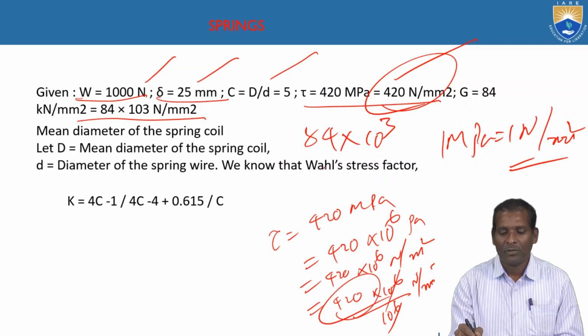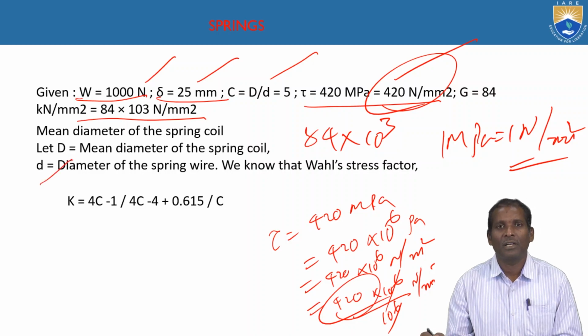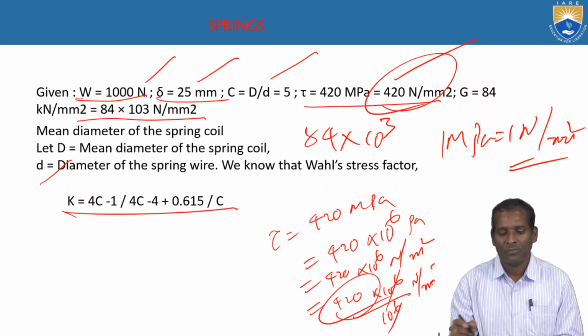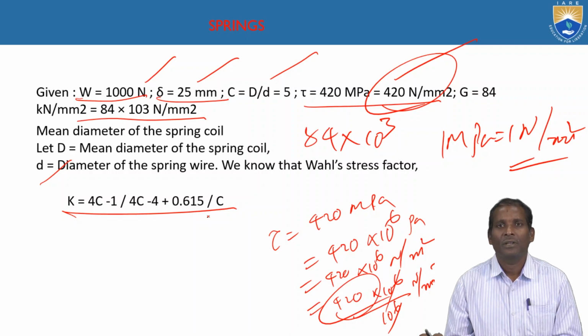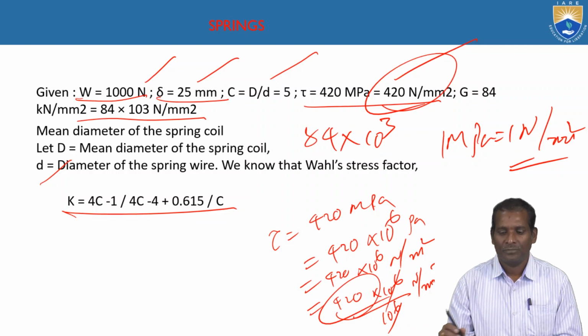Let D be the mean coil diameter of the spring and small d the diameter of the spring wire. We know that the Wahl stress factor is (4C - 1)/(4C - 4) + 0.615/C. Okay?